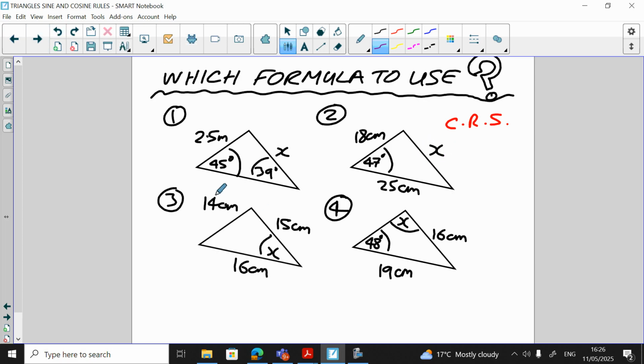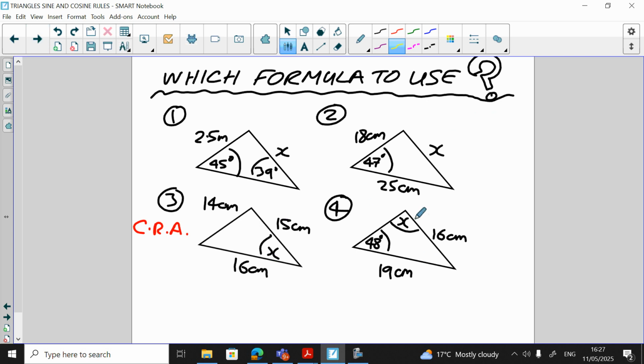Next, what we got here? 1, 2, 3. So what do you think? 1, 2, 3 sides, and we're looking for an angle. Doesn't matter, as long as there's 3 sides involved, we know that's the cosine rule. But it's for angle. Okay.